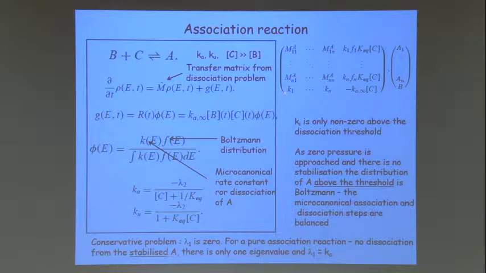And then here we've got rate constants for dissociation of A to form B and to reform B and C. So that's the form of the matrix. Here are the grains of A, and then we've got B down there. And Ki, these rate constants, are only non-zero above the dissociation threshold. So a lot of these early on are going to be zeros.